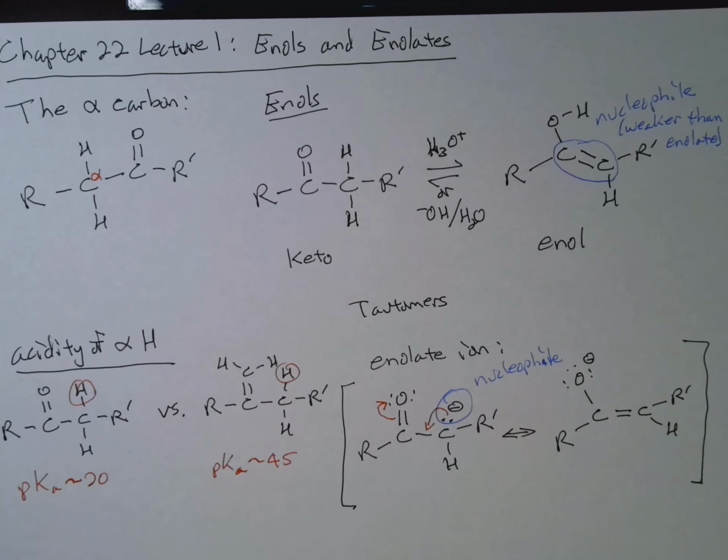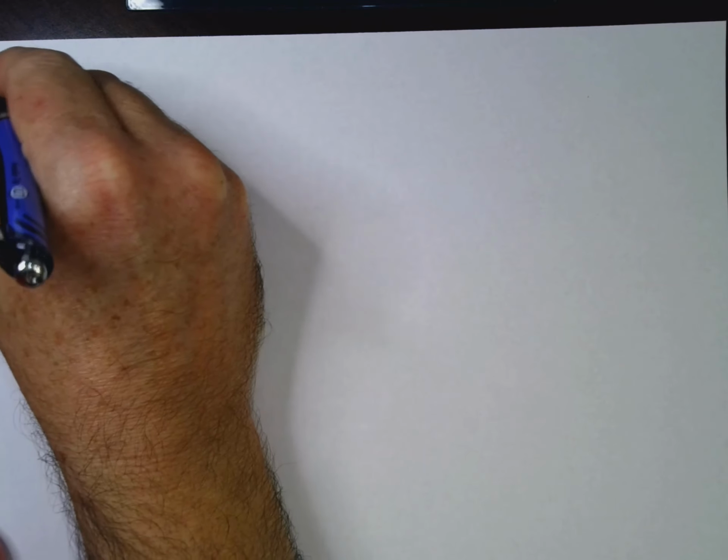All right, so let's take a look then at the formation of enols. I'll go over the two mechanisms, the acid-catalyzed and the base-catalyzed mechanisms.